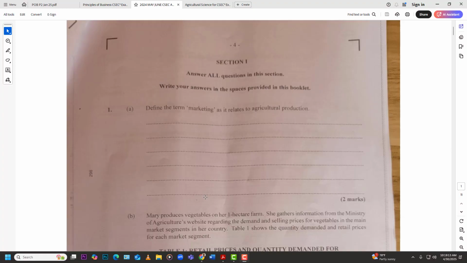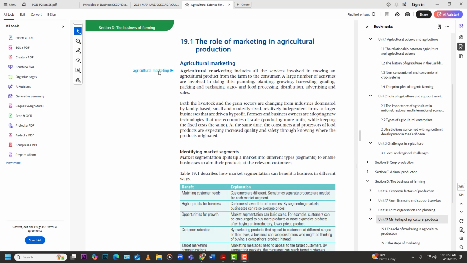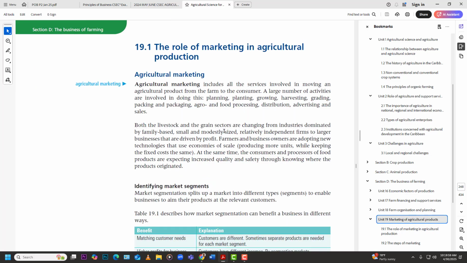All right, so number one, define the term marketing as it relates to agricultural production. So let's jump to our handy dandy textbook as we outline what we speak to.